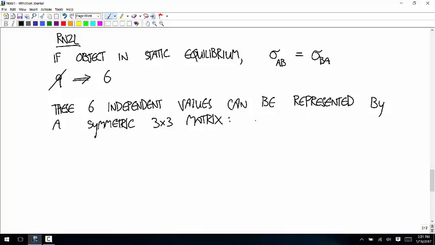And this 3x3 matrix is called the stress tensor. A tensor, you probably haven't heard that word before, or you haven't dealt with it much before.